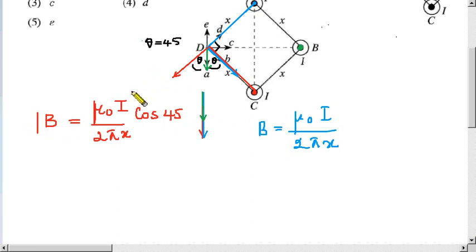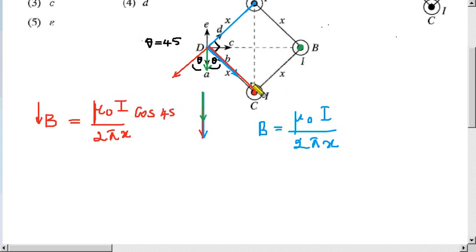Initially without cos theta the direction is this way, but we have to take the vertical component downwards like this. So that is why we write this cos theta, cos 45.